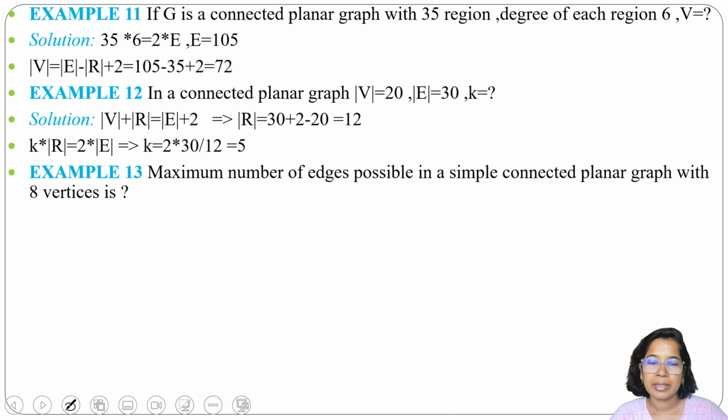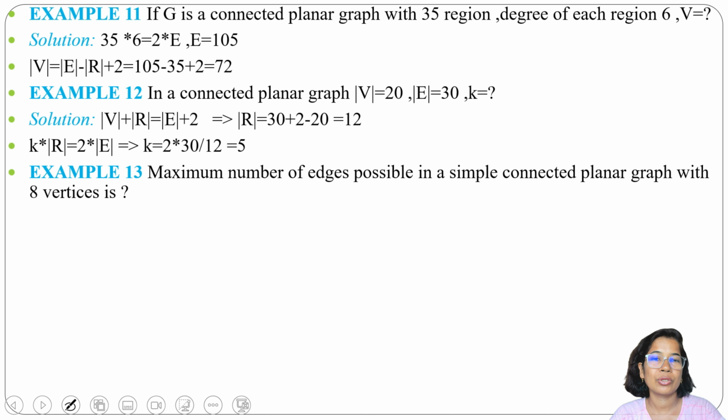Next, example 13. Maximum number of edges possible in a simple connected planar graph with 8 vertices is. There are two corollaries, corollary 1 and corollary 2. Corollary 1 is E should be less than or equal to 3B minus 6, and corollary 2 is E should be less than or equal to 2B minus 4. So corollary 2 is for if there is a circuit of length 3, if there is a triangle. If it is not mentioned about circuit of length 3, then use corollary 1.